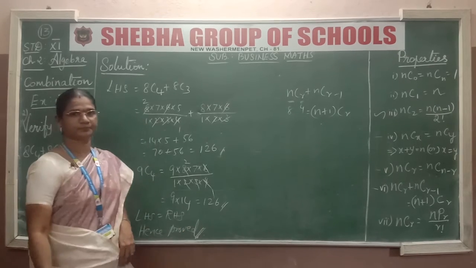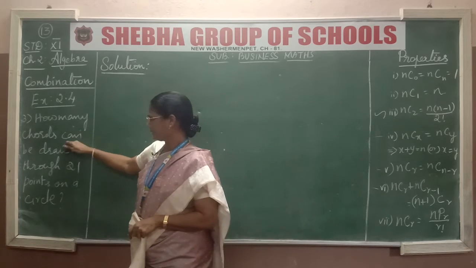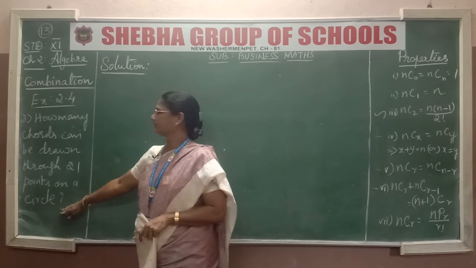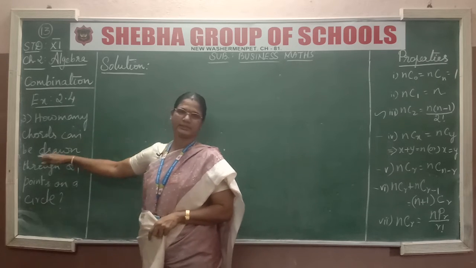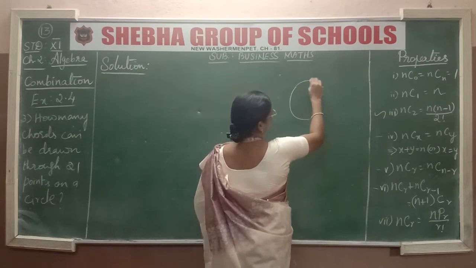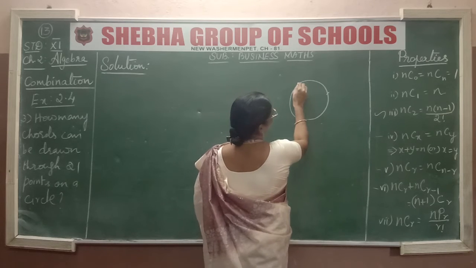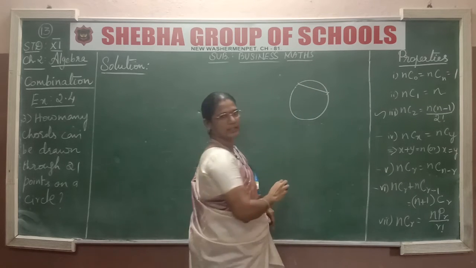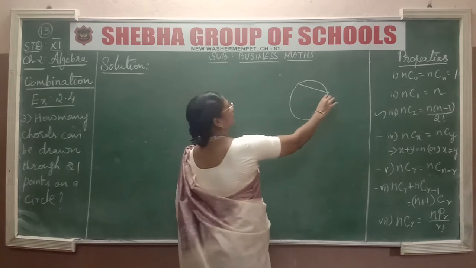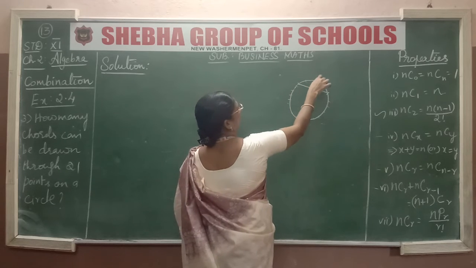Understood? Listen, third one. How many chords can be drawn through 21 points on a circle? First, what is a chord? A chord is the line joining 2 points on the circle, isn't it? Just join any 2 points on the circle, and it is given there are 21 points on the circle. How many chords can we draw?